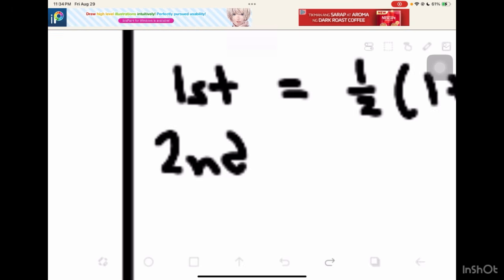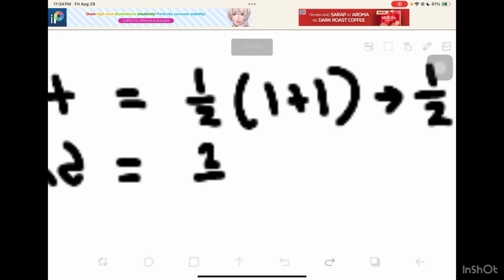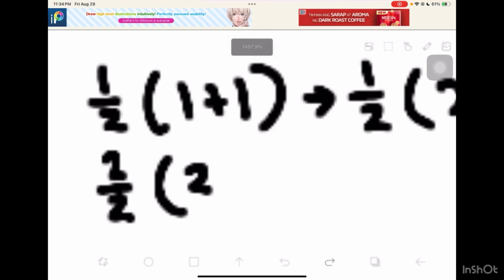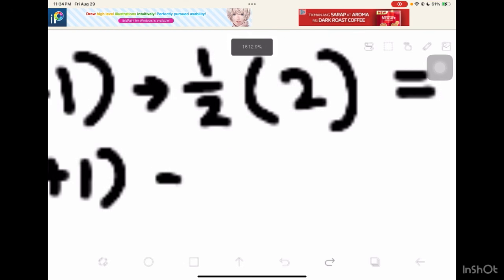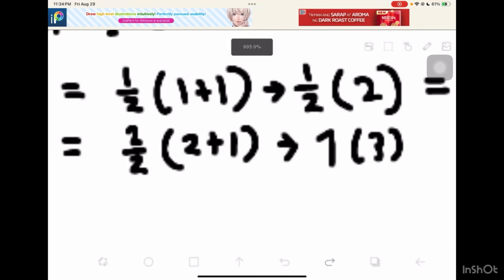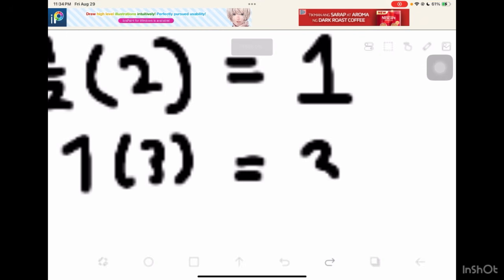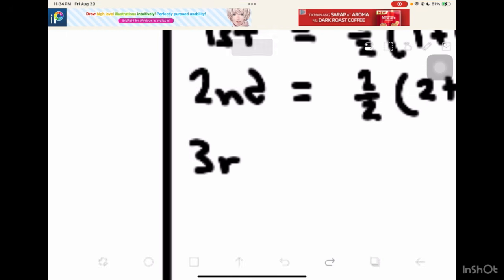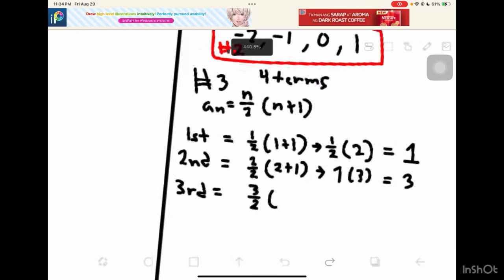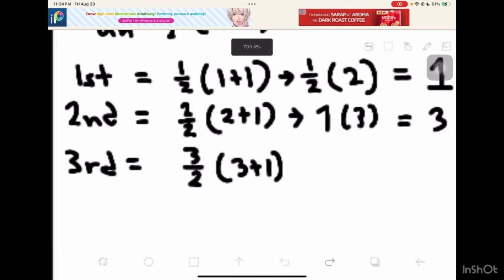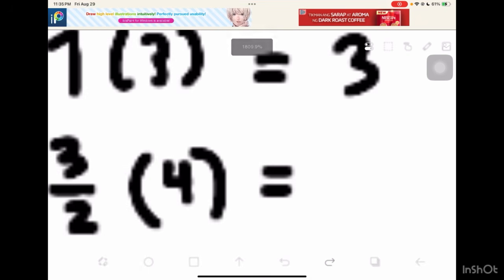Second term, that's 2 over 2 times 2 plus 1, which is 1 times 3, so that's just 3. Third term, we have 3 over 2 times 3 plus 1, which is 3 over 2 times 4, and this is equal to 6.